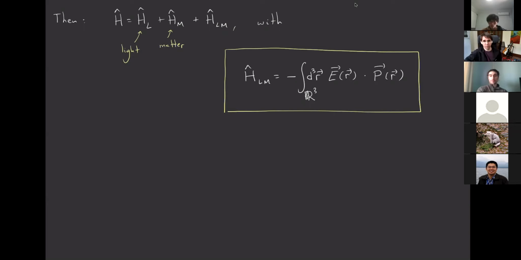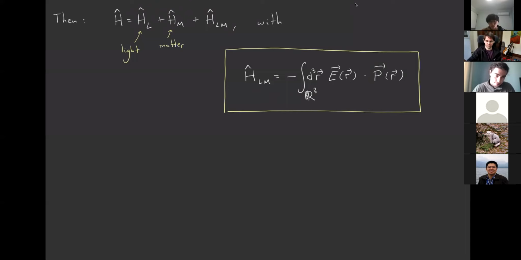So get used to this Hamiltonian, because this is basically the Hamiltonian that we are going to use. So we have the light Hamiltonian that we have already studied two chapters ago, the matter Hamiltonian that we have studied in the previous chapter, and then their interaction given by this. So the only thing that we will need to do is make a model for this polarization density, so electric dipole moment per unit volume, for the specific matter that we are treating.